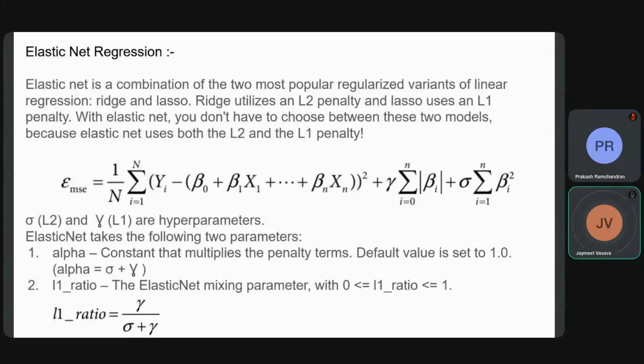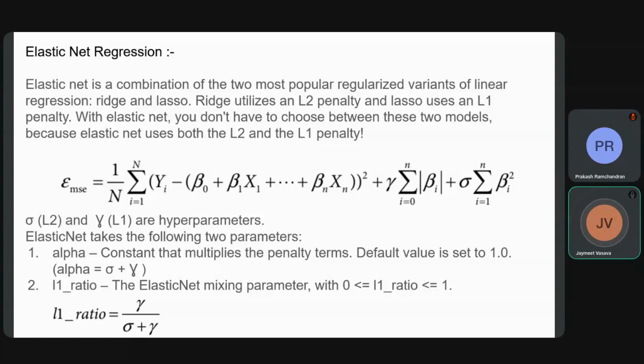Now last is the elastic net regression. Now elastic net is the combination that uses both the lasso as well as the ridge term in the mean squared error. So you can see that it uses the gamma, or the lasso regression term, as well as sigma, which is the ridge regression term.